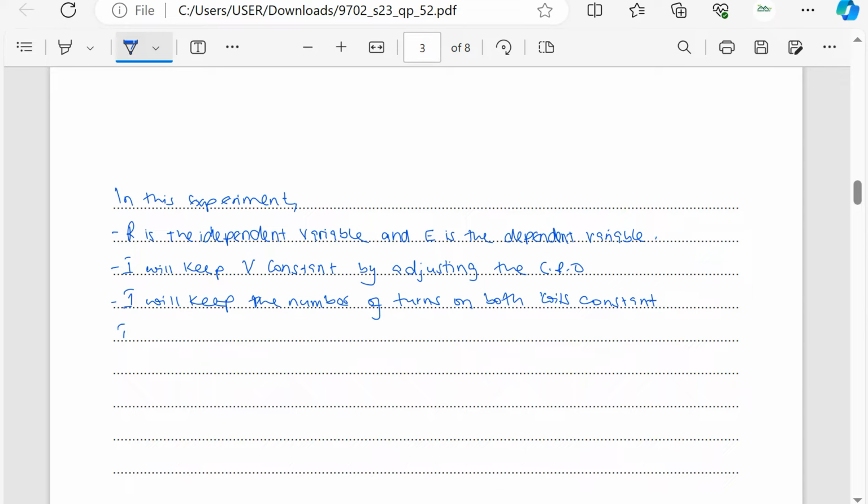So then, to collect and analyze data, I will take the following steps.